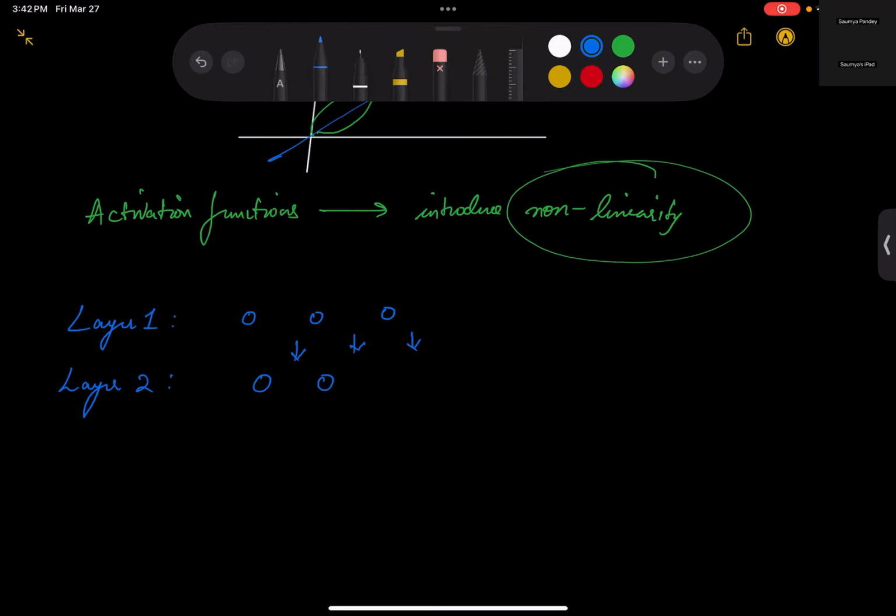Each neuron produces an output, and that output becomes an input to the next layer. So outputs from one layer are input to the next layer.